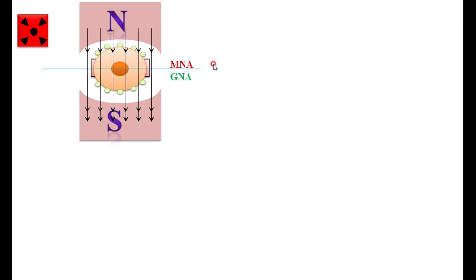Perpendicular to the main flux there is the MNA, and the GNA is defined as perpendicular to the polar axis.